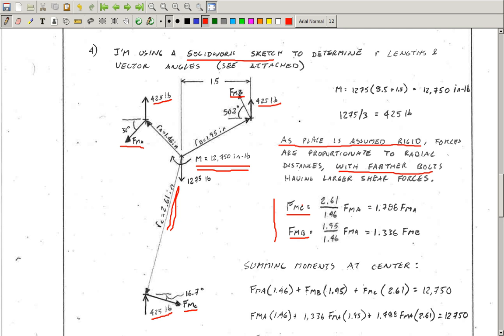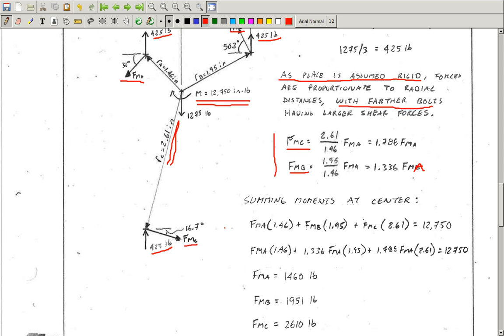So that gives me an expression for FMC in terms of FMA. Do the same thing for FMB, where we have RB divided by RA times FMA. This should be an A right here. And there we go. So now I've got FMC and FMB in terms of FMA.